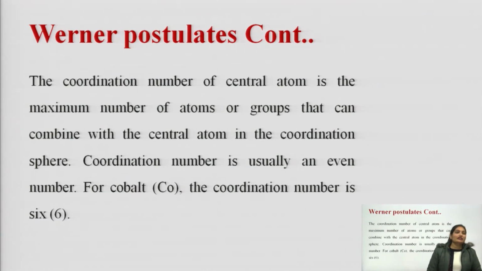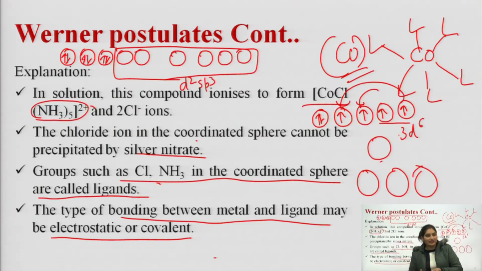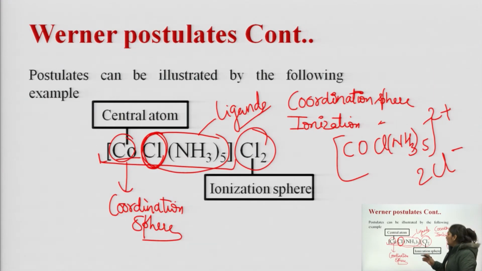So, in the Werner postulate the coordination number of central atom is what? It is the maximum number of atoms or groups that can combine with the central atom in the coordination sphere. As I have told you in the example, one chloride and 5 amine groups are linked to the central atom, that is cobalt, 5 plus 1, 6.